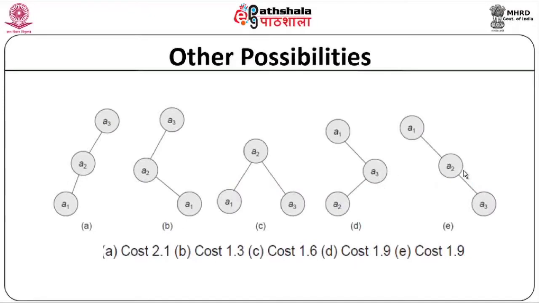There are other possibilities of constructing the BST without violating the norms as we defined earlier. The same 3 nodes can have different possibilities. These are some of the different possibilities where the conditions are not violated.